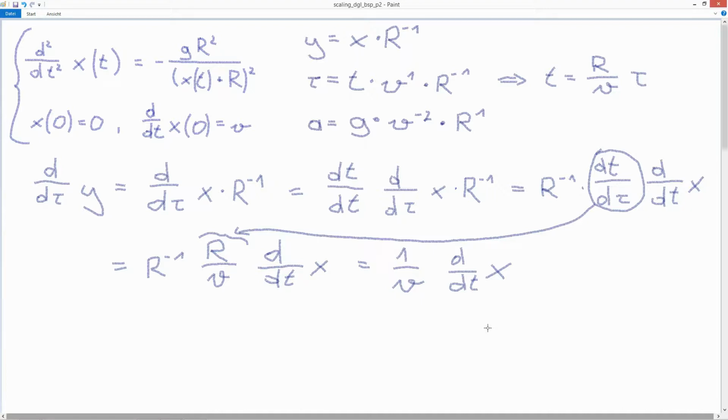Now we have to differentiate y with respect to tau again. So we have to calculate this here.